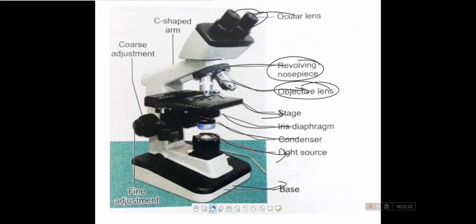Here we place a sample, and from the condenser, this is the objective lens. We collect the sample by this lens. After that, magnified by the lens, we see it through the ocular lens or eyepiece lens.